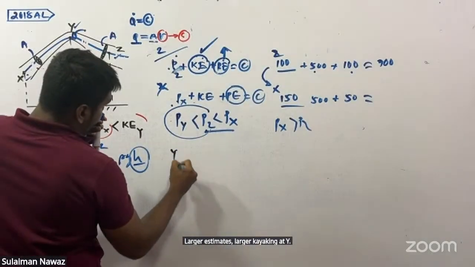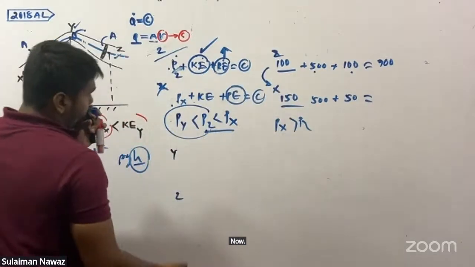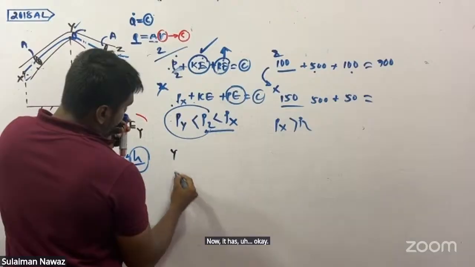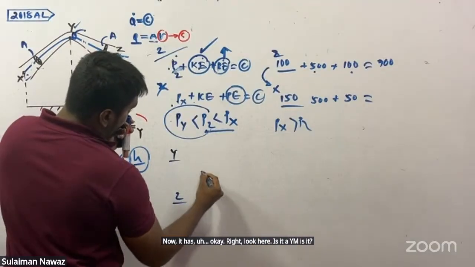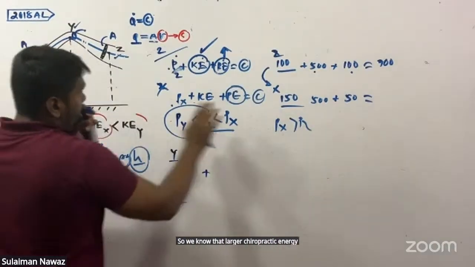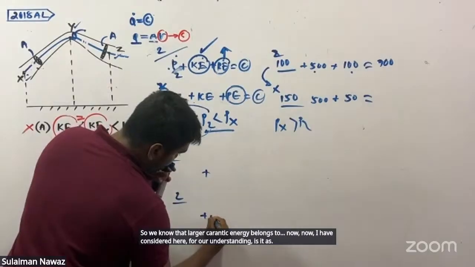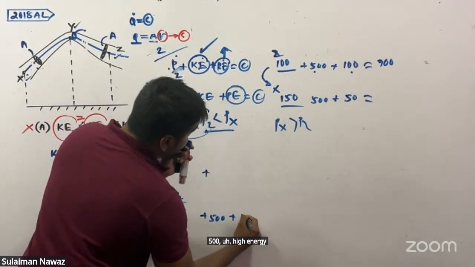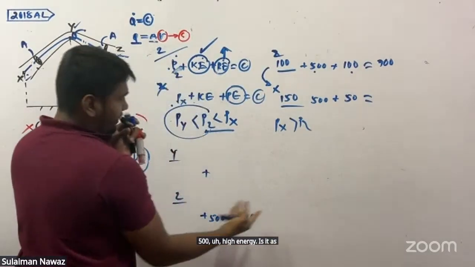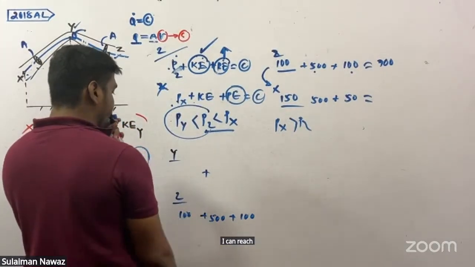When you consider Y and Z, we know that the larger kinetic energy belongs to Y. I have considered here for our understanding, Z has 500 kinetic energy, Z has 100 potential energy, roughly. I consider Z has 100 pressure for an example.